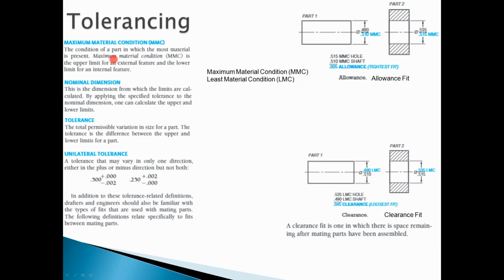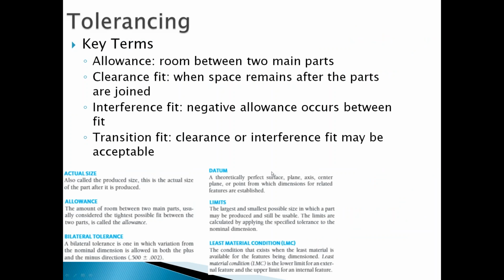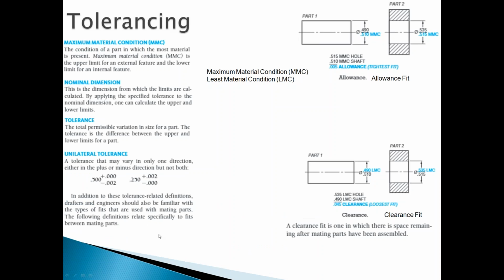We just talked about unilateral tolerance, and we have datum, limit, and bilateral tolerance. And now we want to talk about how to describe how fit the object is going to be.